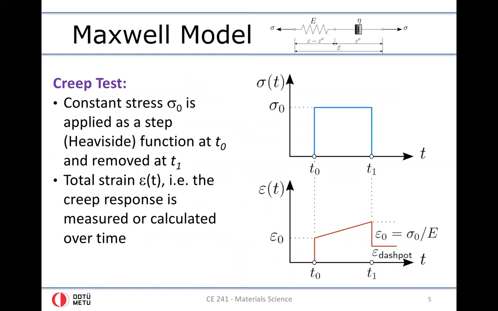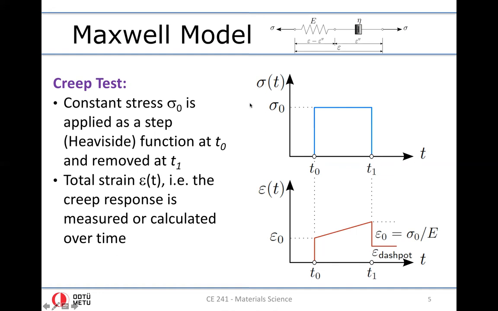One important experiment is the creep test, in which you prescribe the stress. At time t0, let's say, you increase the stress from zero to a finite value, sigma 0, and keep it constant for a while between t0 and t1, and then unload the material back to the stress-free state.